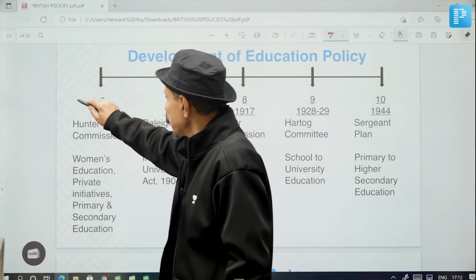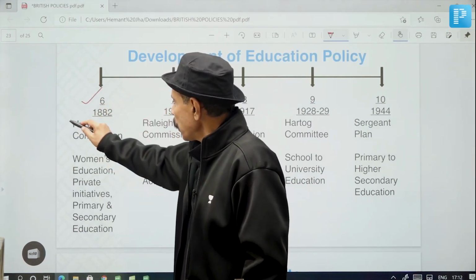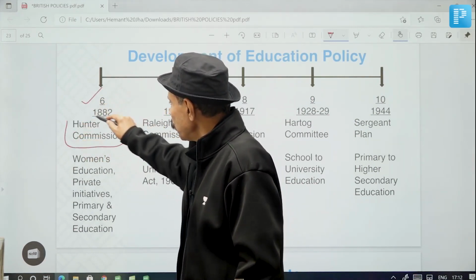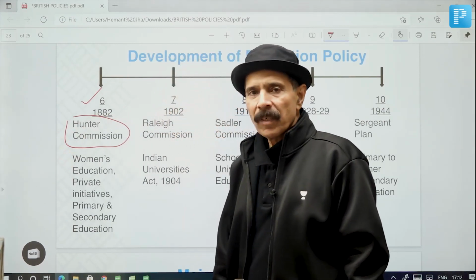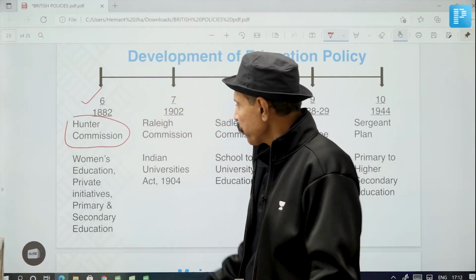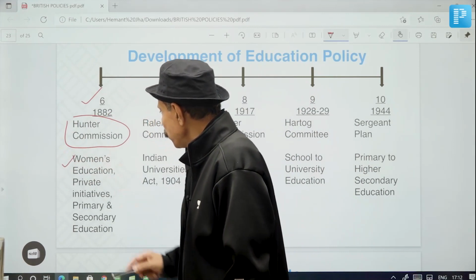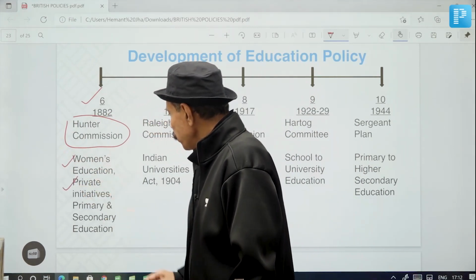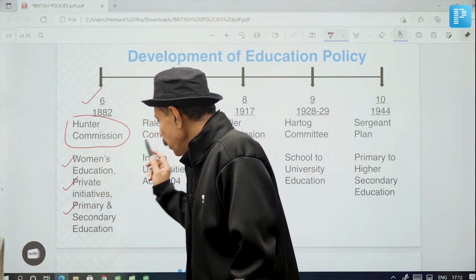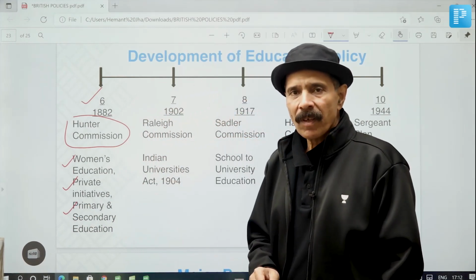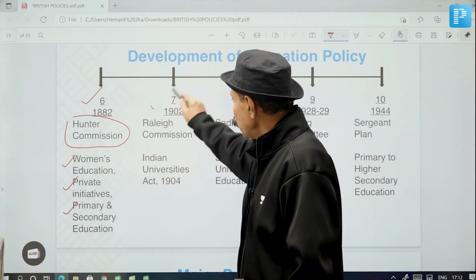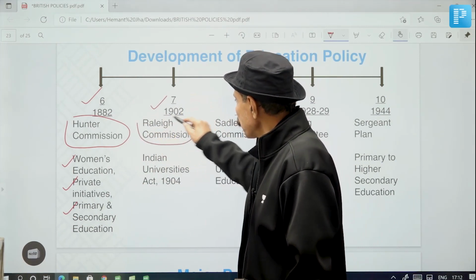Next development after this is number 6, 1882, a commission was constituted, the Hunter Commission. And it recommended, number 1, women's education, private initiatives, primary and secondary education. Next is 1902, Raleigh Commission.